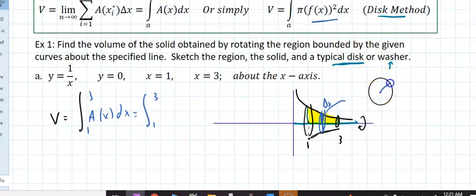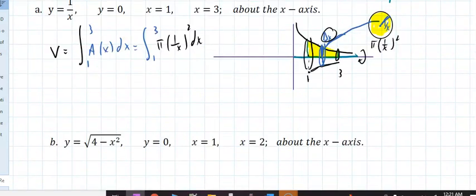And the radius of the circle is really that right there, and that is 1 over x. And the area of this circle is pi times the radius squared. So the book is not wrong in saying either or, times the thickness delta x. I'm going to set up the integrals assuming you know how to work them out. So this is x to the negative 2, add 1 to the power, divide by that, and proceed. So that's how we're going to do these problems.